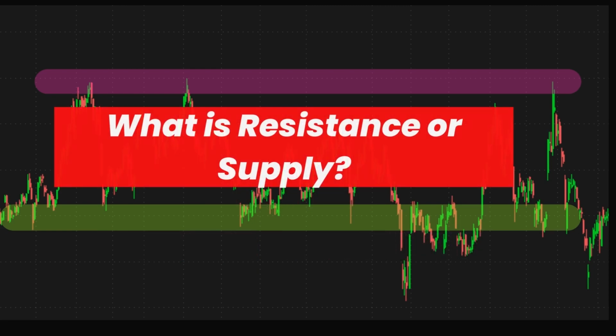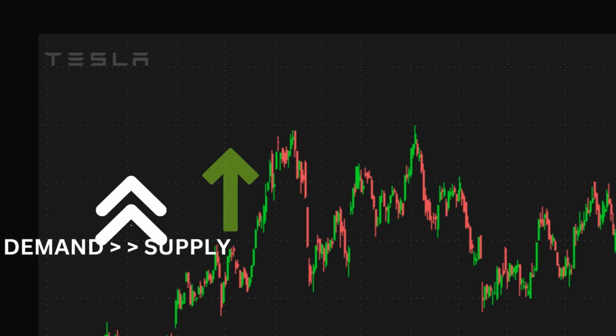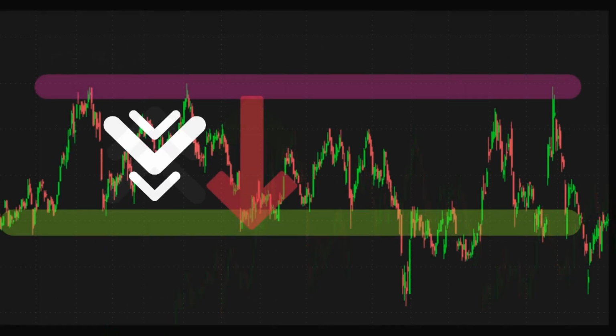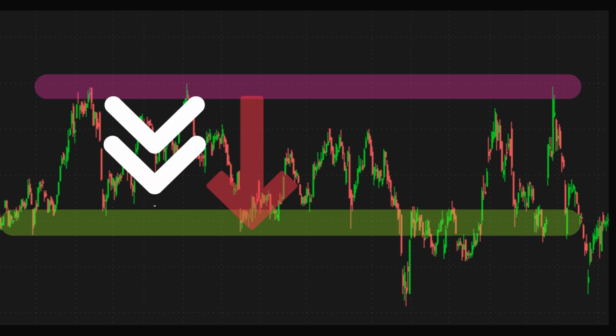What is resistance or supply? Resistance is the opposite of support. Prices move up because there is more demand than supply. As prices move higher, there will come a point when selling will overwhelm the desire to buy. This happens for a variety of reasons. It could be that traders have determined that prices are too high or have met their target.